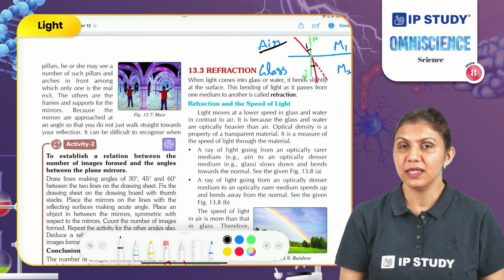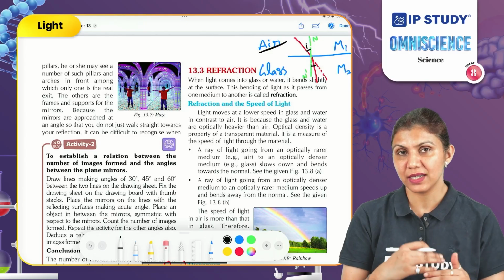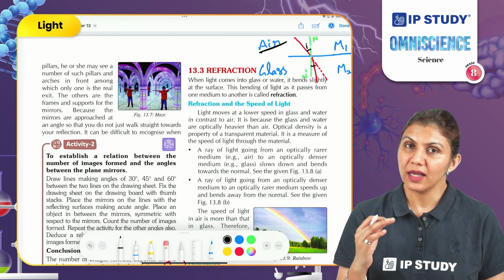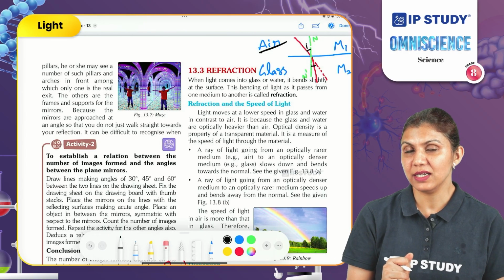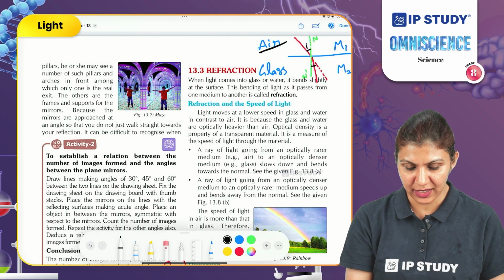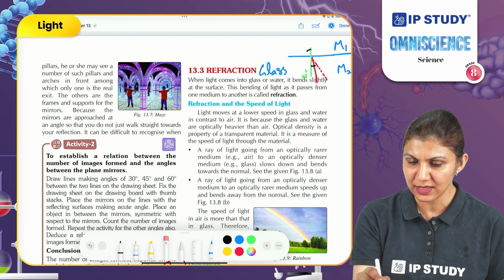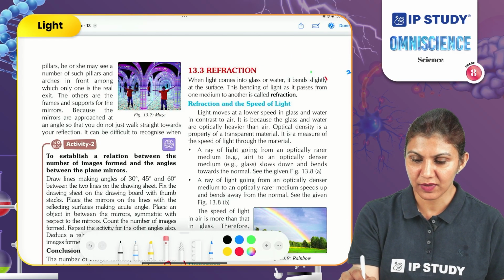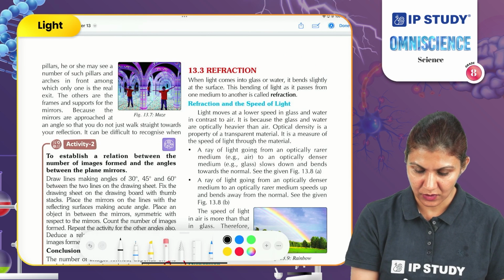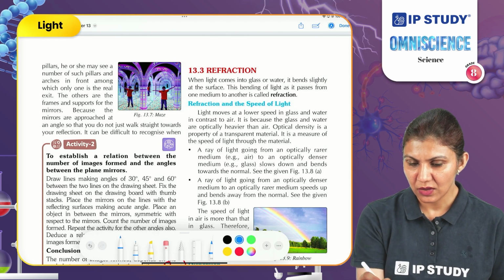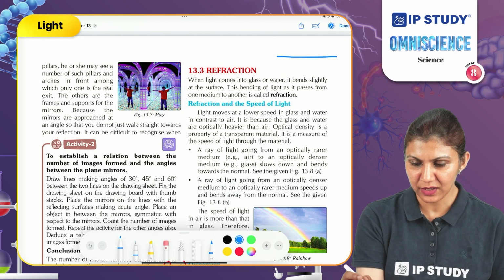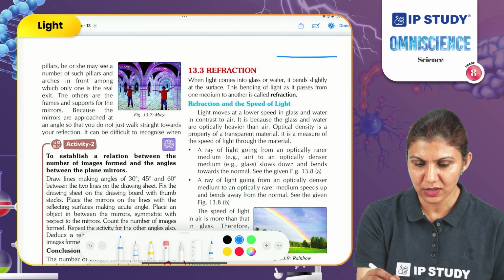What happens if the condition is reciprocated? Means now the light ray is moving from denser to rarer medium. In this case, we will see this. So draw one medium here, which is, suppose, glass.